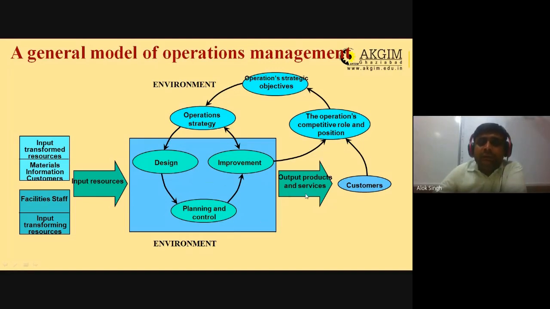Next is output. The output of operations management would be either a product or a service or both. Generally nowadays you can't segregate product from service. In each and every sector, companies are offering products as well as services.